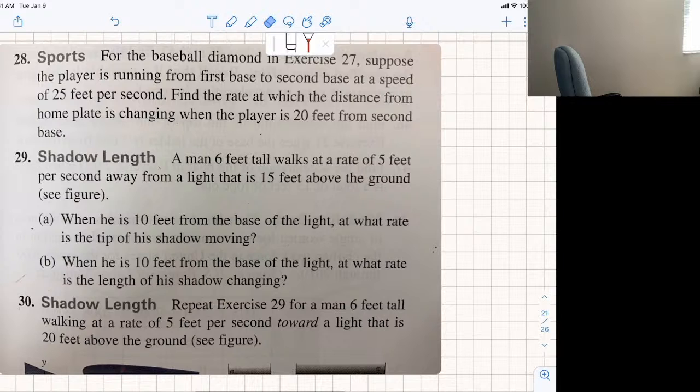Are they different? The tip of the shadow is moving versus the length of the shadow is changing. The tip is probably moving faster. Anybody else?